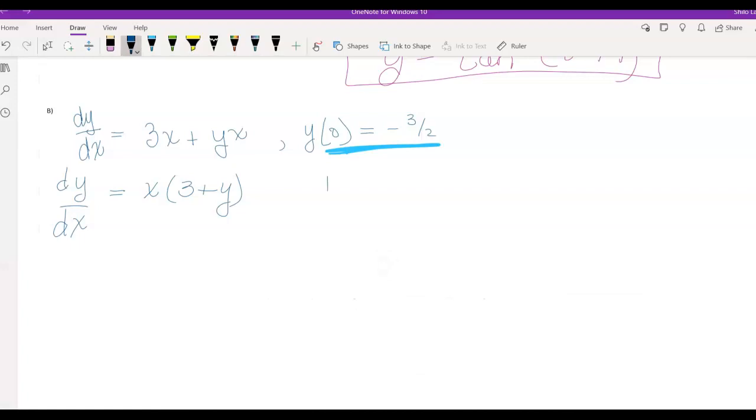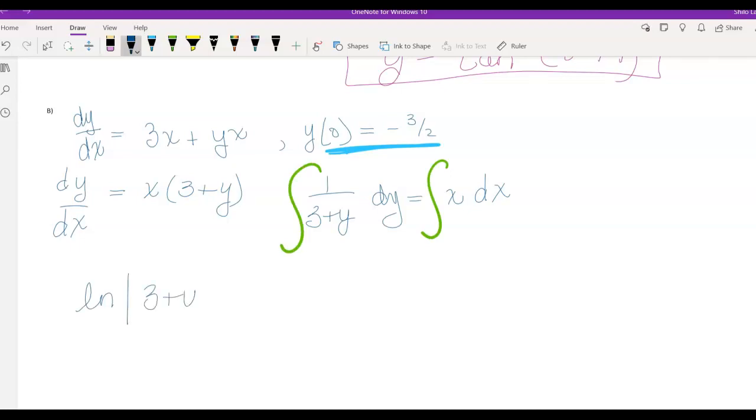So let's go ahead and separate these guys using some multiplication and division. We're going to get 1 over 3 plus y dy is equal to x dx. And to solve, we want to integrate. We get natural log absolute value of 3 plus y is equal to 1/2 x squared plus c. I'm going to go ahead and solve this for y by first getting rid of that natural log.